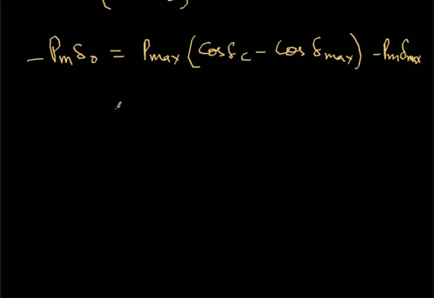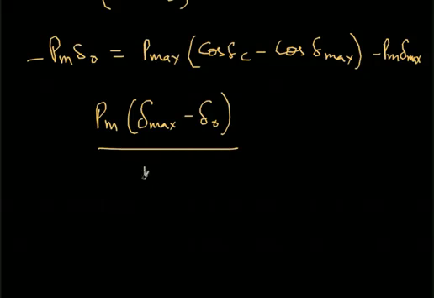This term will go to the other side. So PM times delta max minus delta naught, divided by Pmax, and the cos delta max term gets added.